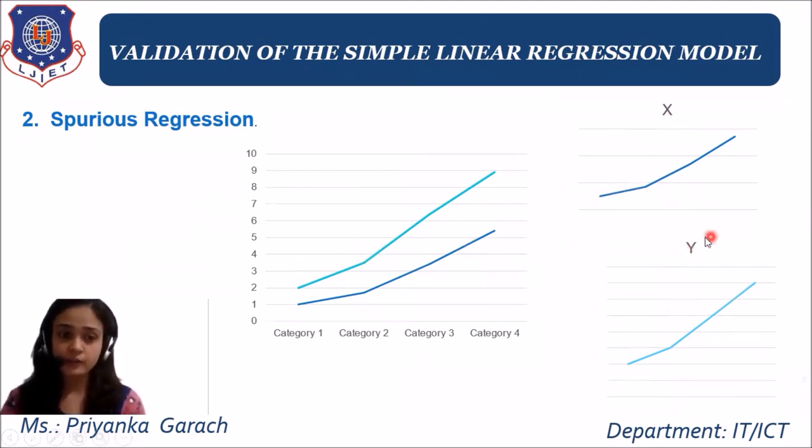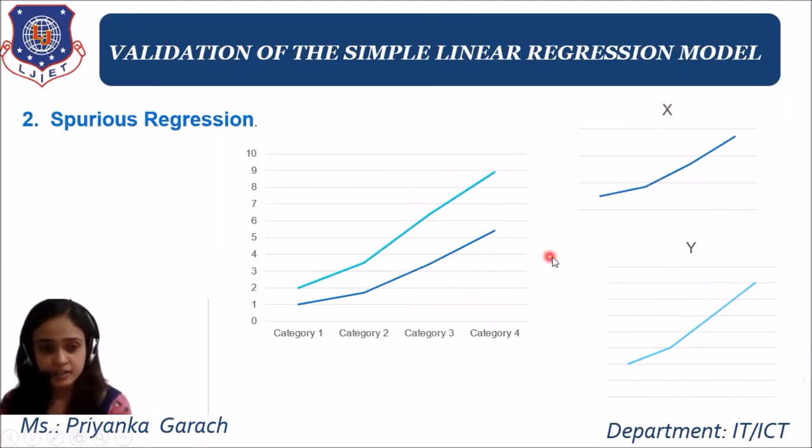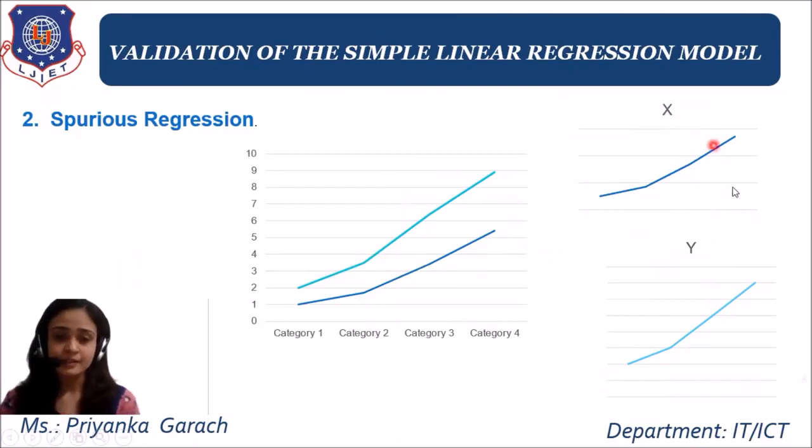If y is dependent on x, then when I separate y from x, the y value should change. The shape of the y graph should change, but it is not changing over here. So we can tell that there is some third factor, my time factor t, working in this particular regression. So my values of x and y are dependent on this third factor, the time factor t.